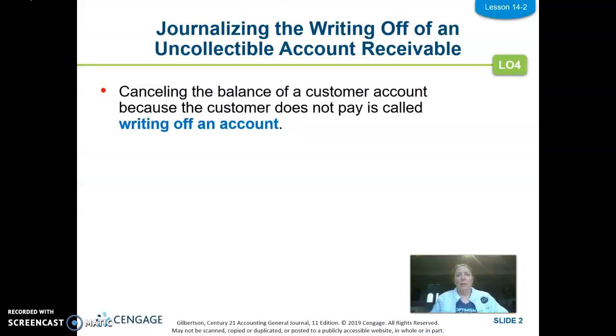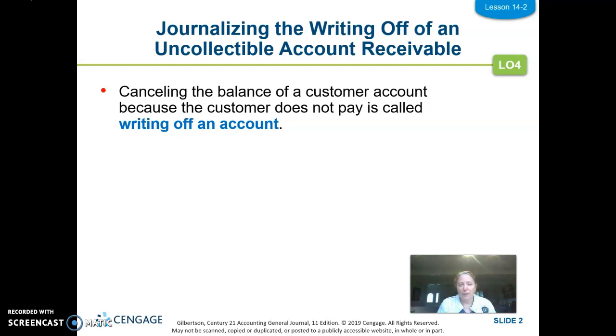So looking at this, we're going to journalize and write off an uncollectible AR. Canceling the balance of that account for the customer is what we call writing off an account. We don't necessarily tell the customer that we're writing off their account because we're going to continue probably to try to collect it for a while.